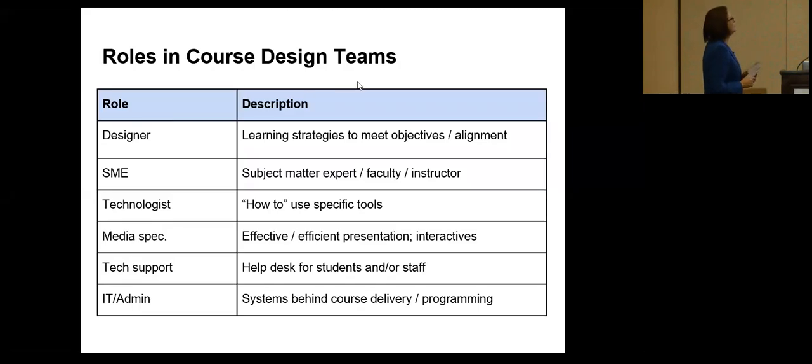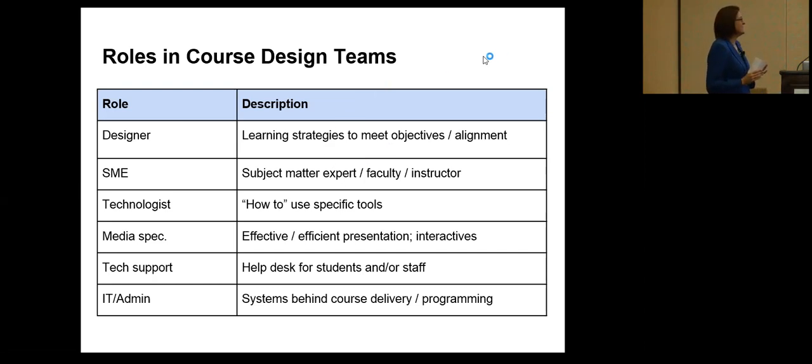Okay, and then technologist, and I think this is the one that has a lot of confusion. So there's design learning strategy, but there's technologist learning technology. And so there's a difference between why you would use something and how you would use something, where the technologist is more of the how-to part of it.